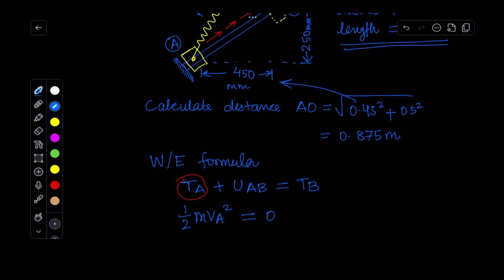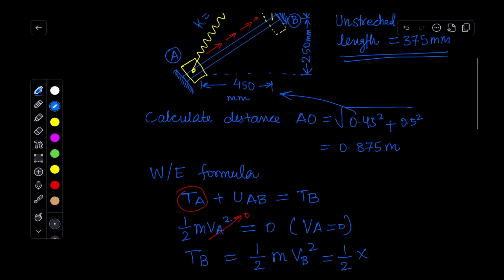At position A, the collar is in stationary condition. So we can say that velocity A is 0, so this value will be 0. Now we have to calculate the kinetic energy at position B. So we have to calculate what will be the velocity of this collar when it reaches there.